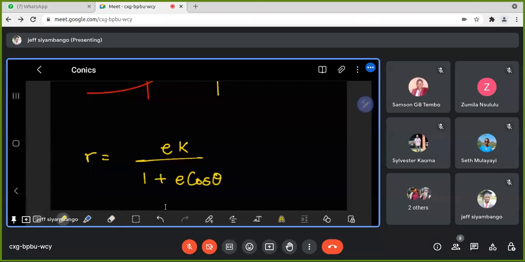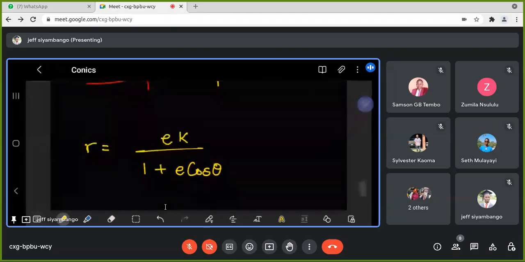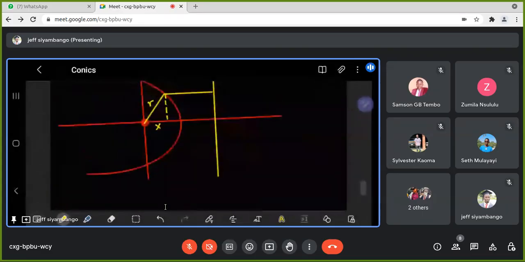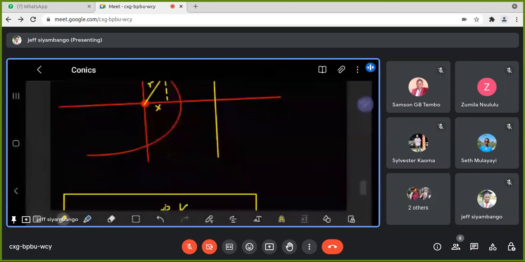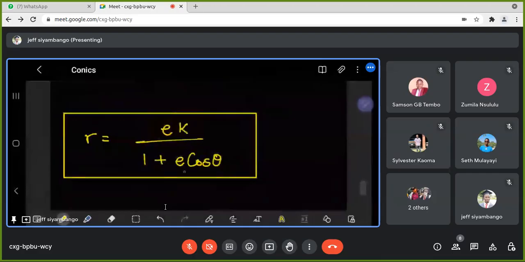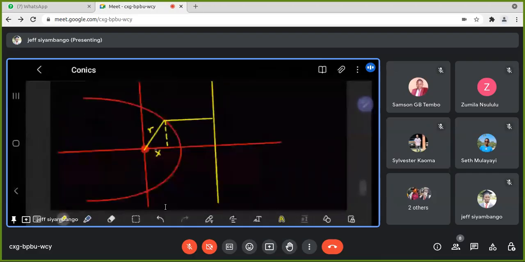Now, how does it work here? What are we looking at, and what does this expression really represent? Well, this expression represents a parabola that opens to the left, whose focus is at the origin. Now, what are some of the notations that are given here? E, of course, is the eccentricity. Theta here is just the angle between this and that part. That's not really a problem.